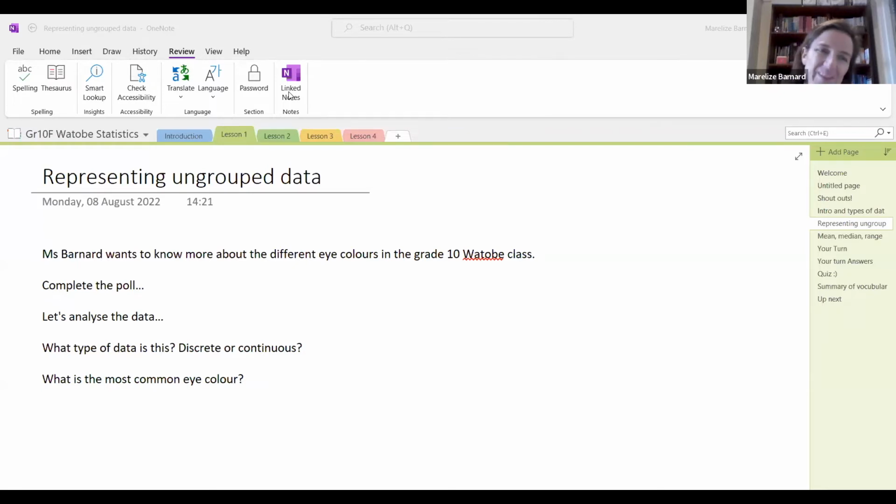Okay. So that is an example of how we can start to investigate something and use data handling, statistics, to tell us something. So the most common eye color here is brown. That's quite obvious, actually. But we can't really tell much more from this, okay?